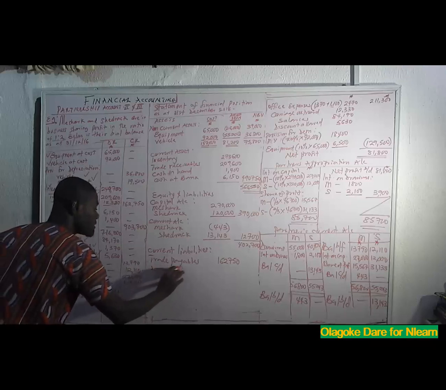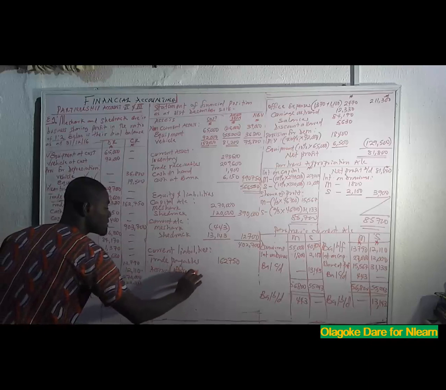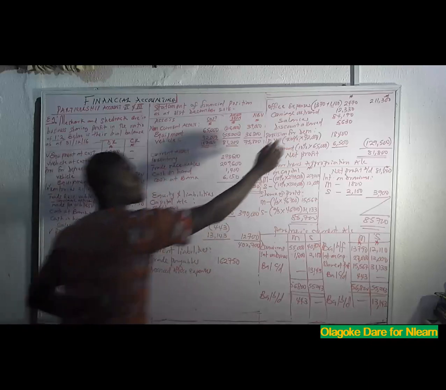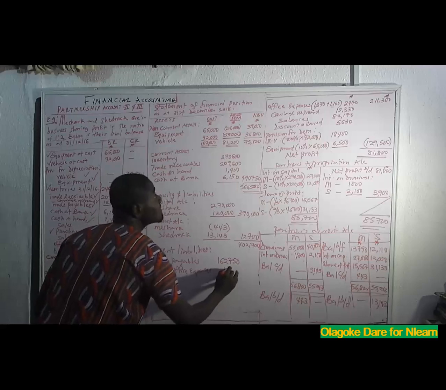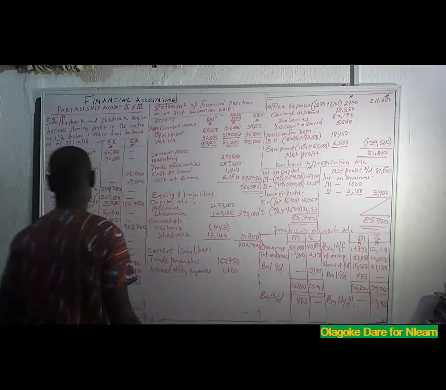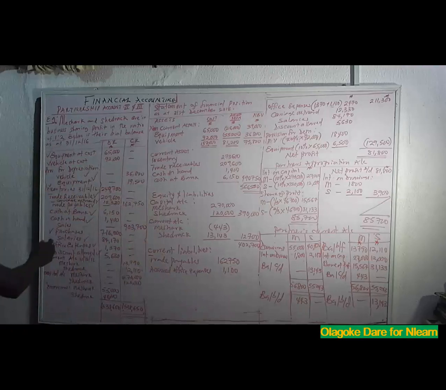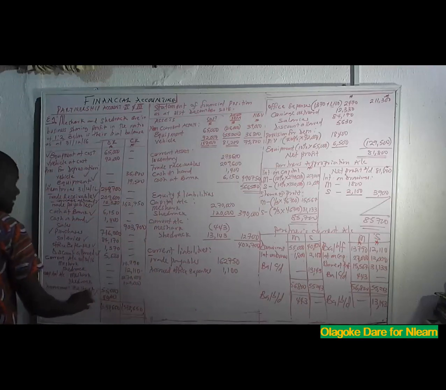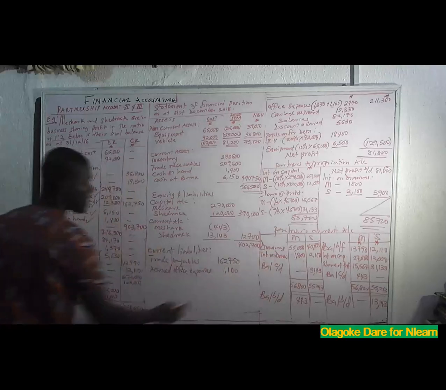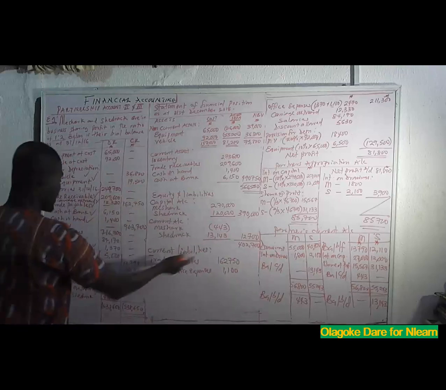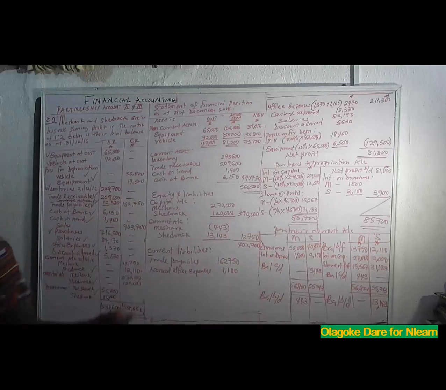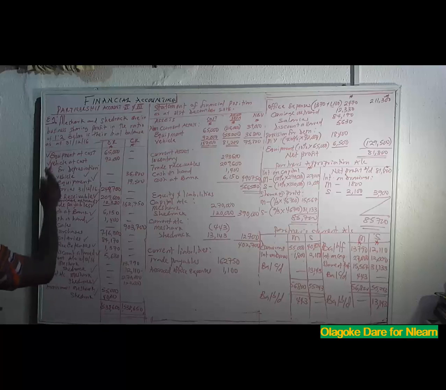Accrued office expenses is 1,100. As you can see, we don't have any other accruals. We have used drawings, capital accounts and current accounts, so we use everything in the table.